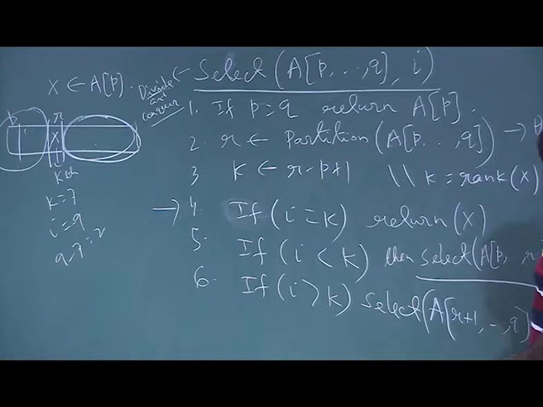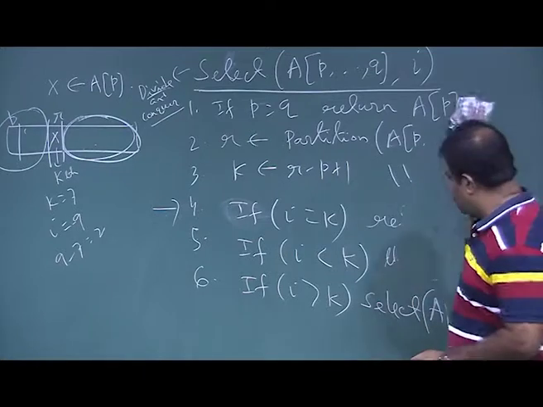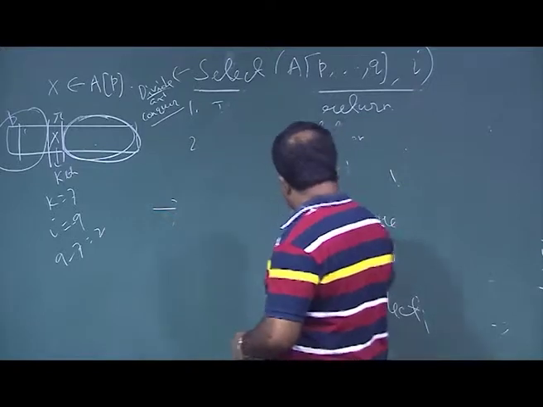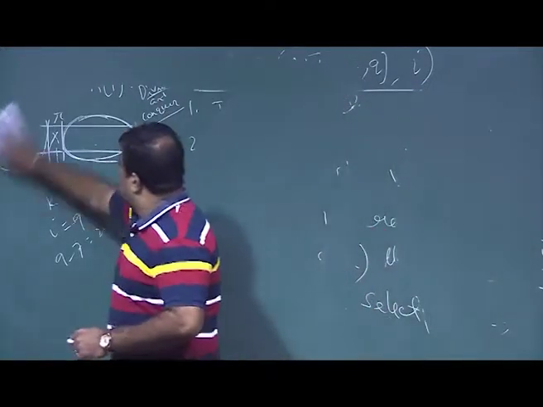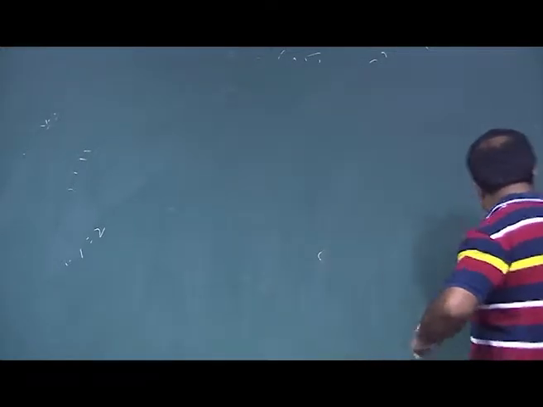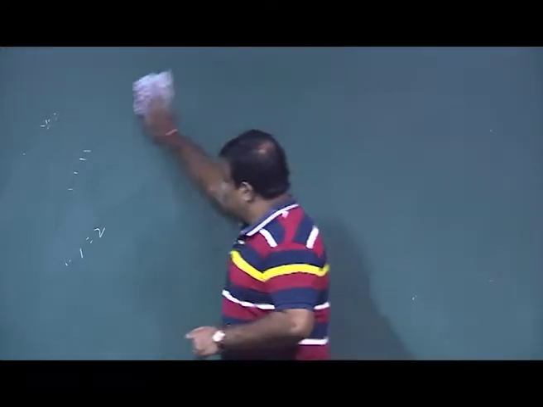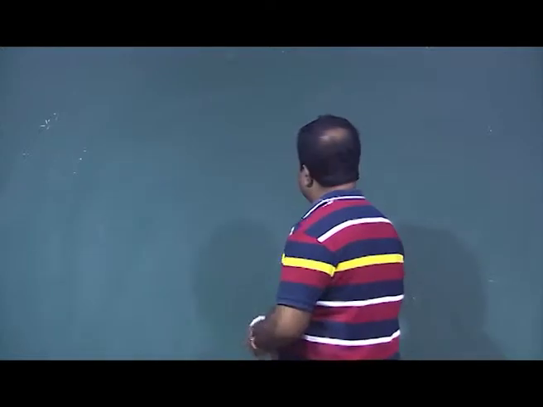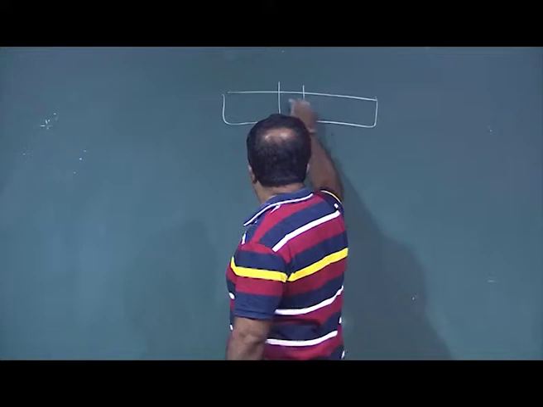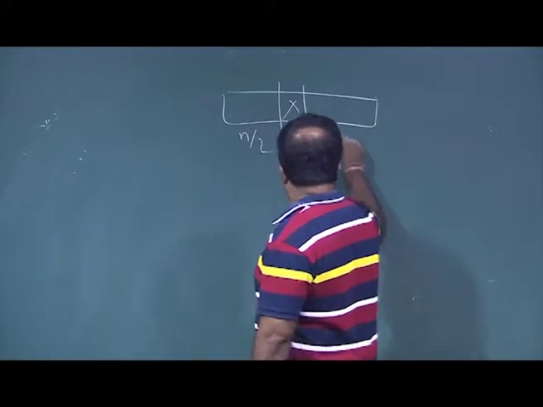So, if our partition is, say, half, it will depend on the partition or the pivot element. Suppose x is sitting here, n by 2, n by 2.